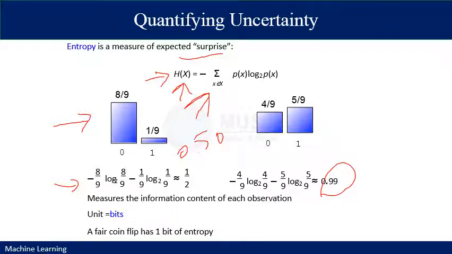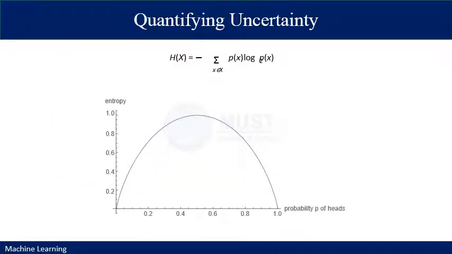In terms of quantifying uncertainty, if the coin has an entropy equal or nearly equal to 1, we can say that it is a fair output coin. Instead, if the entropy of the outcome is not close to 1, we have uncertainty in the outcome. This graph shows the general relationship between the entropy and the probability.